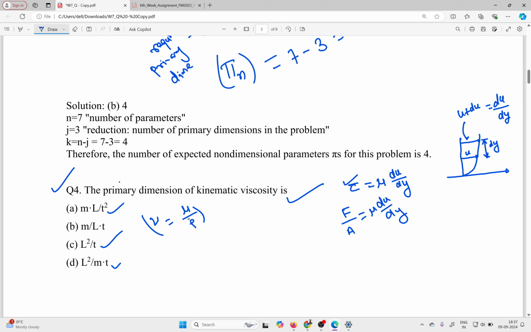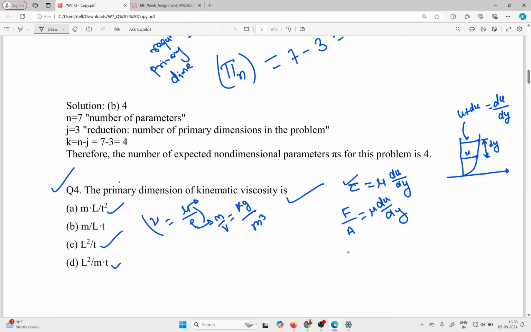Your kinematic viscosity you already know. So first you need to find the dimension of this, then the dimension of rho. So rho is nothing but mass by volume, so you get the dimension kg per meter cube.